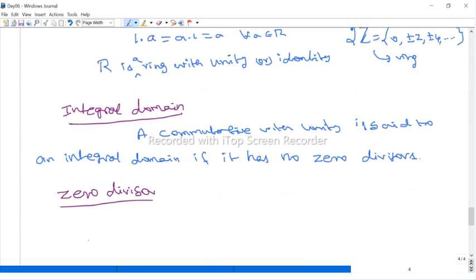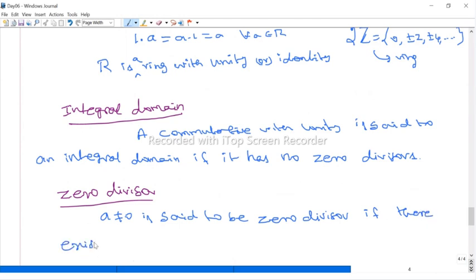A non-zero element A in the ring is said to be a zero divisor if there exists another non-zero element B, B not equal to 0 in the ring R, such that the product A into B is 0. A is non-zero, B is non-zero, but the product is 0.